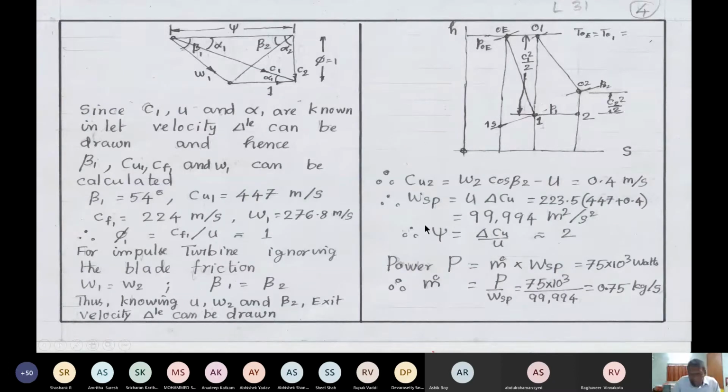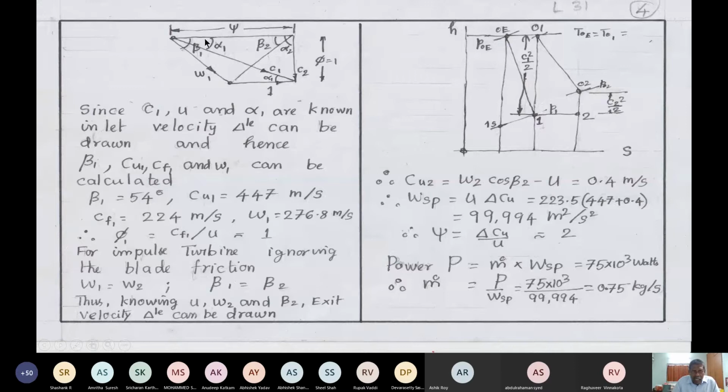Are you able to hear me? Hello? Yes, sir. See, phi is 1, psi is 2. So you can see in the figure also here, this is 1, that is almost 2. What is the value of the degree of reaction in this case?